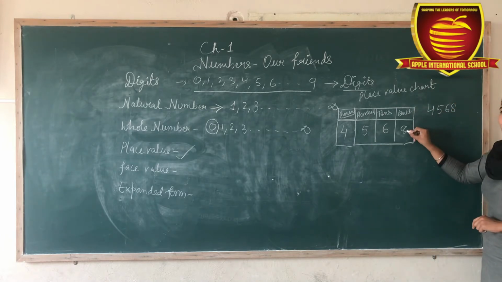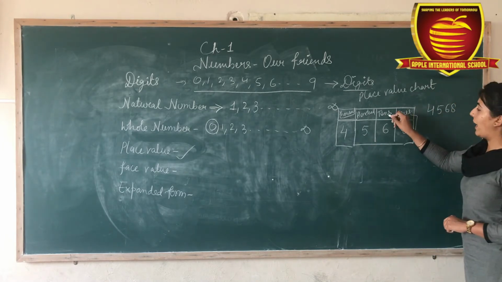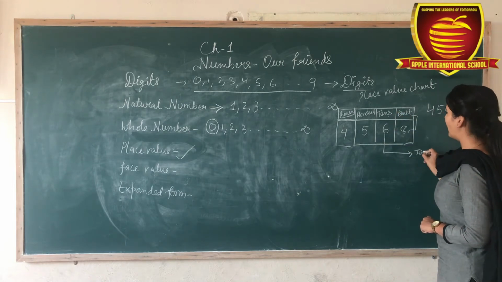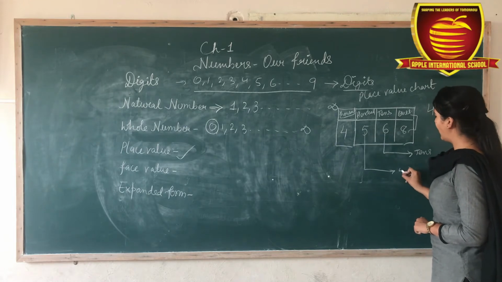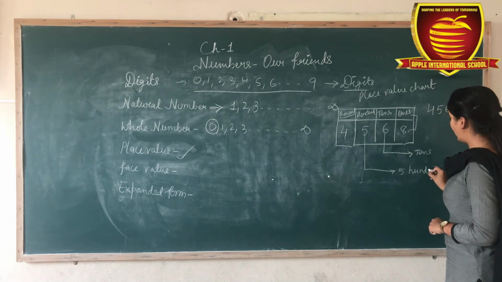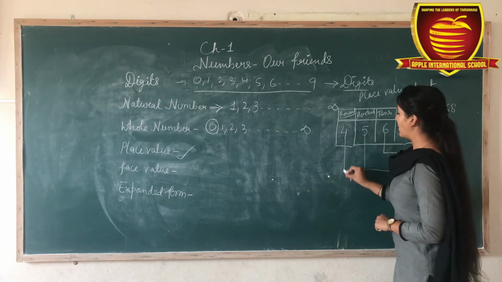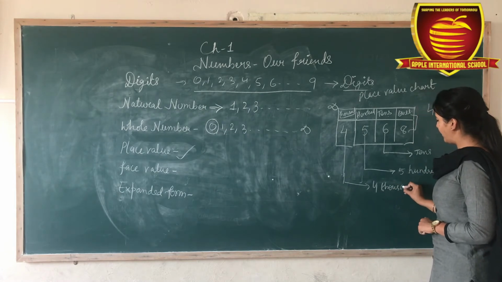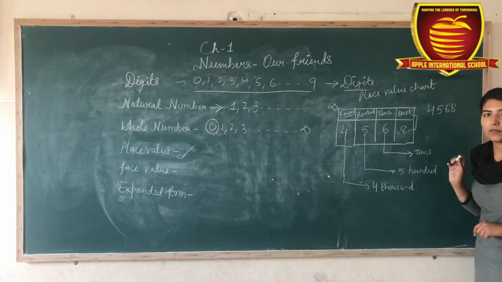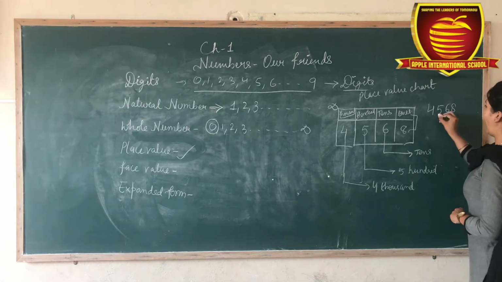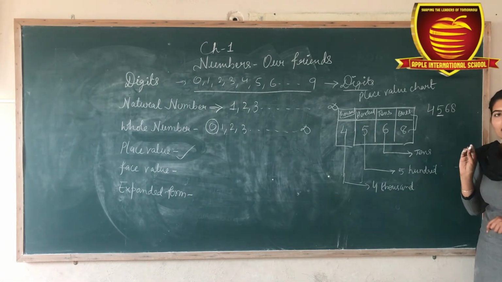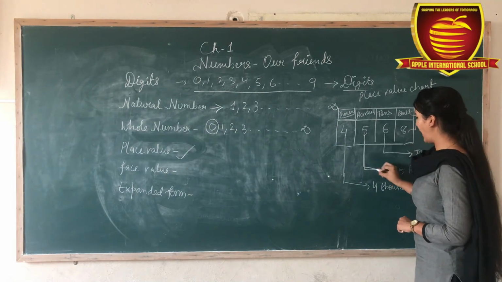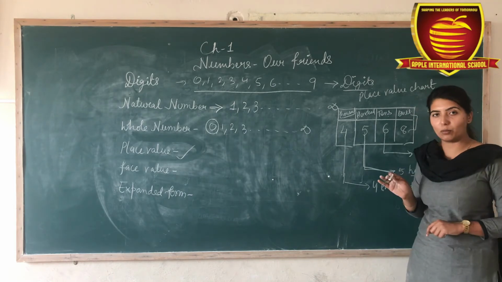So the place of 8 is at ones, the place of 6 is at tens, the place of 5 is at hundreds, and the place of 4 is at thousands. If I ask you to tell me the place of 5, the place of 5 is at the hundreds place.